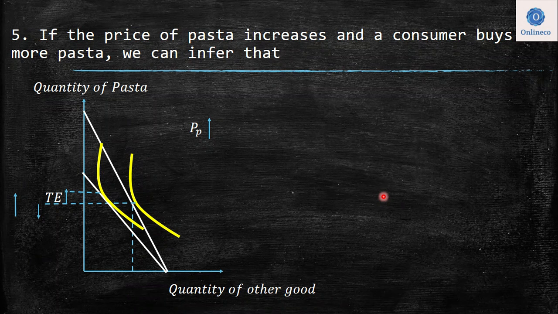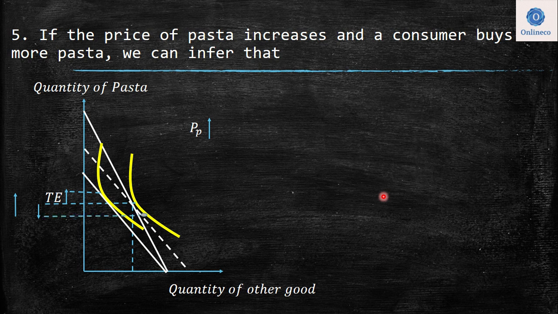If we disaggregate the movement of the total effect, we can split it into the substitution effect and the income effect. Remember, for the substitution effect, you need to take the new slope of the budget constraint and move until it has the same slope as the first indifference curve, and this gives you a bundle.